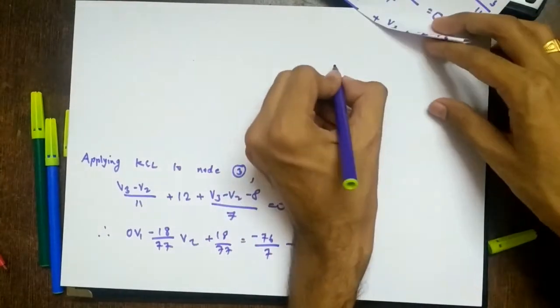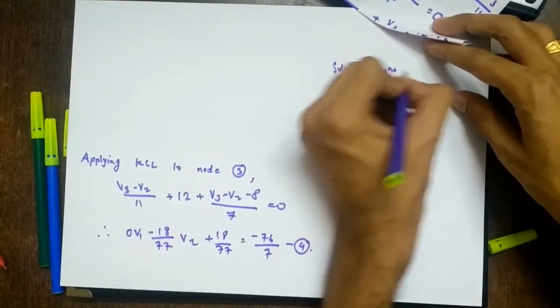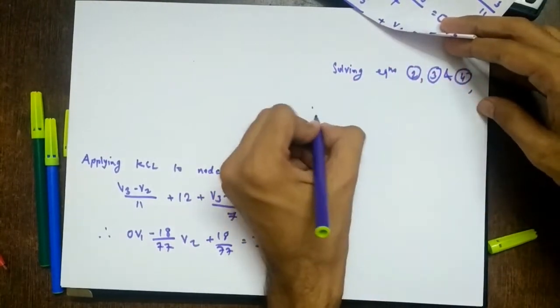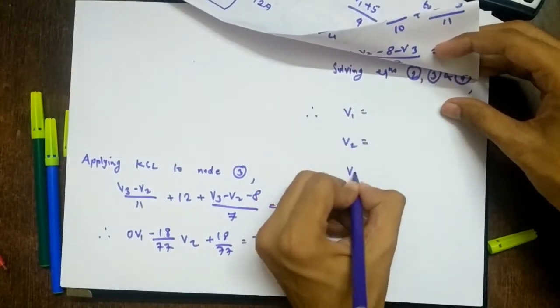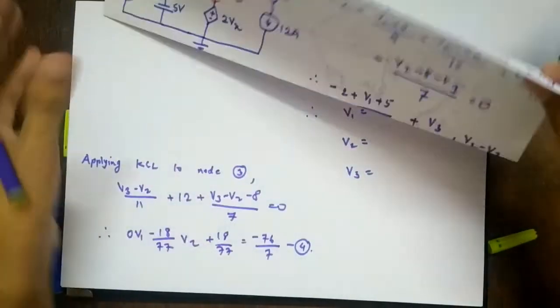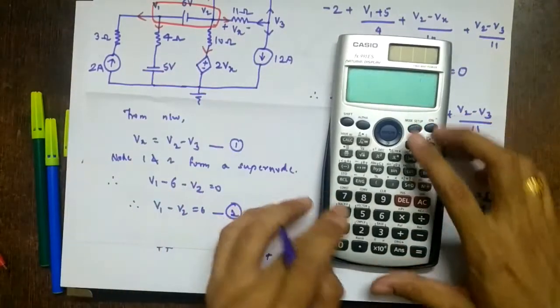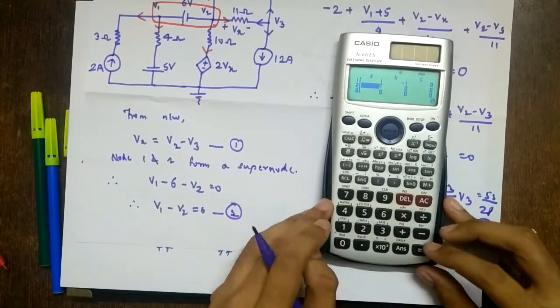So we have got all the equations. So what do we write? Solving equations 2, 3 and 4, what will we get? V1, V2, V3. Equation number 2: V1 minus V2 plus 0 V3 equals 6.